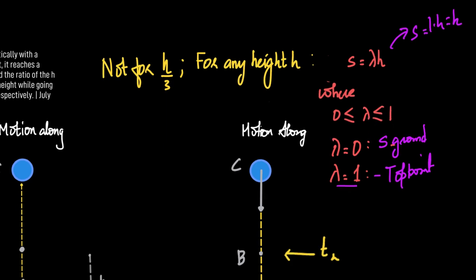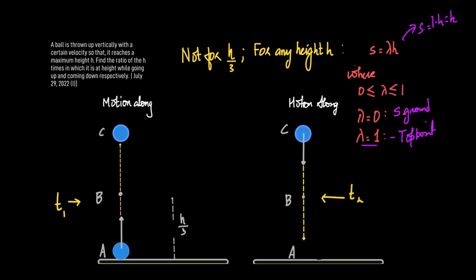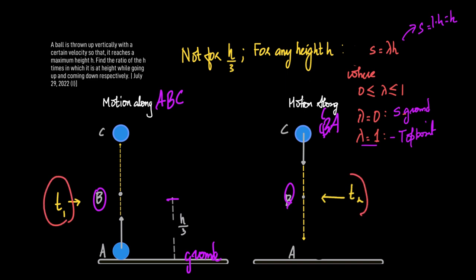Okay. Now, motion along A to C through B, motion along C to A through B. B is at a point such that it is at a height h by 3 from the ground, which is seen in the motion at two different times, t1 and t2.